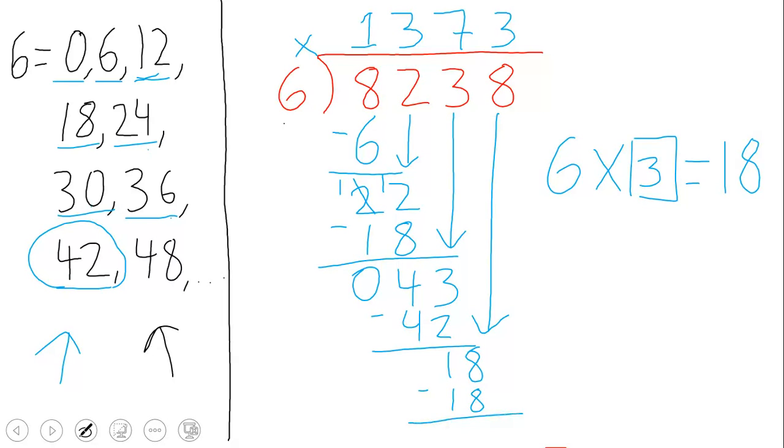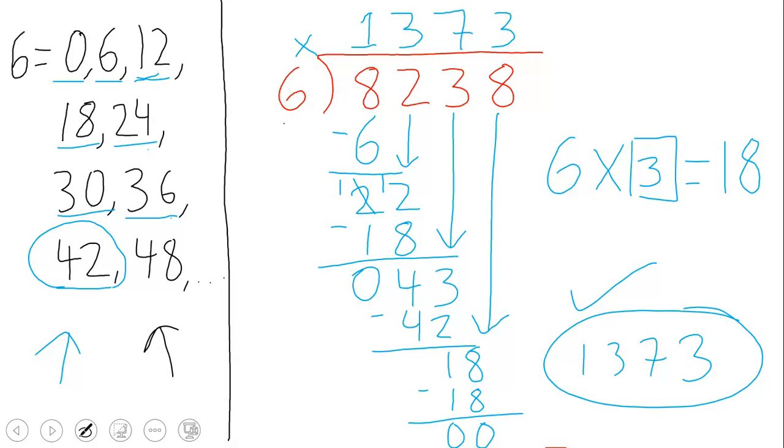Now we subtract. 8 minus 8 is 0, and 1 minus 1 is 0. And now we're done. The answer, we call it the quotient. The answer to our division problem is 1,373. All right, awesome.